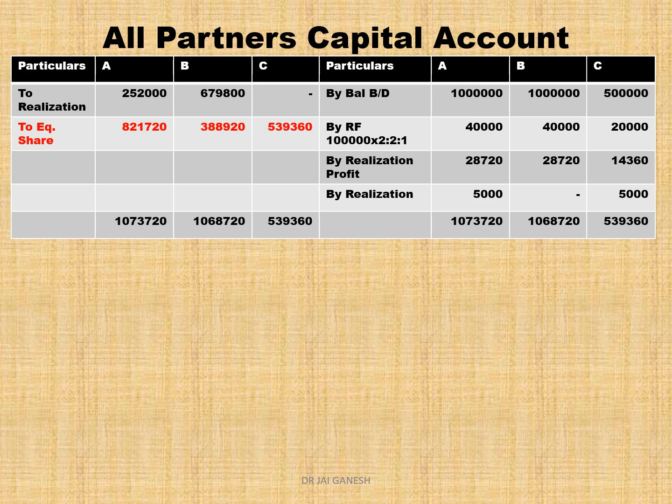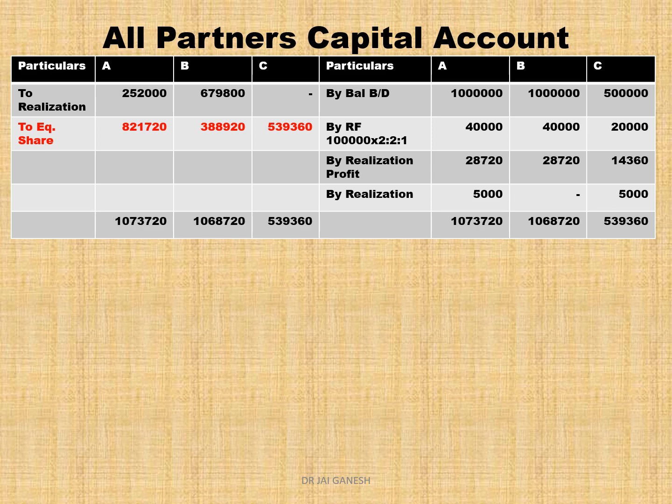A took over debtors at 2,52,000. Next, B took debtors and investments at 6,79,800. So B took two assets: he took debtors, he took investments.